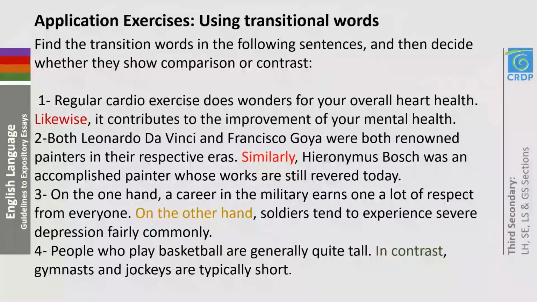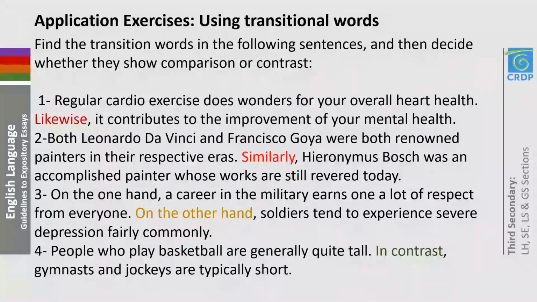Number two, Leonardo da Vinci and Francisco Goya were both renowned painters in their respective eras. Similarly, Hieronymus Bosch was an accomplished painter whose works are still revered today. These two sentences are connected by the word similarly, and this word shows comparison.